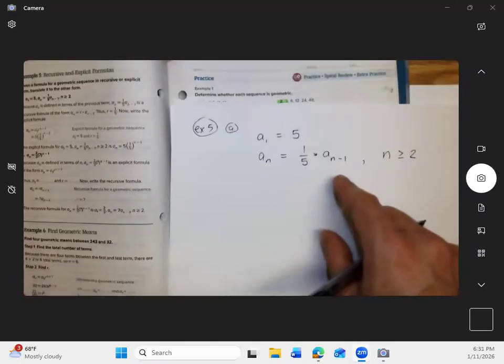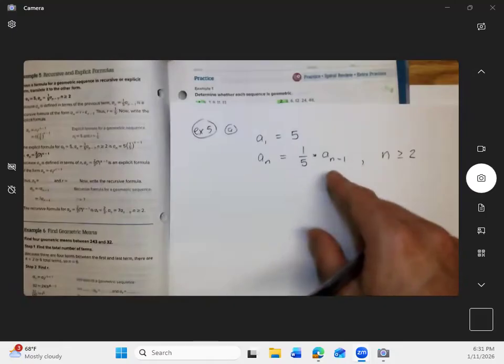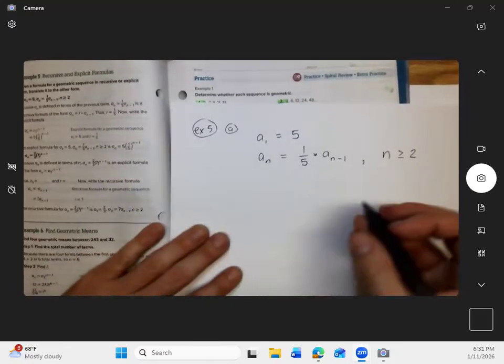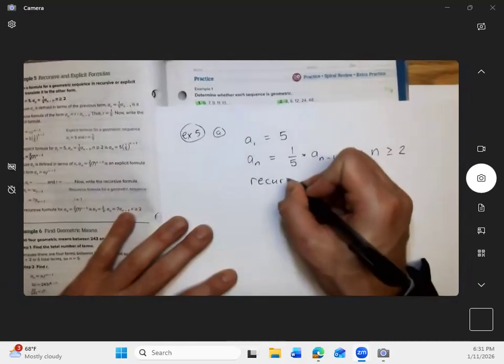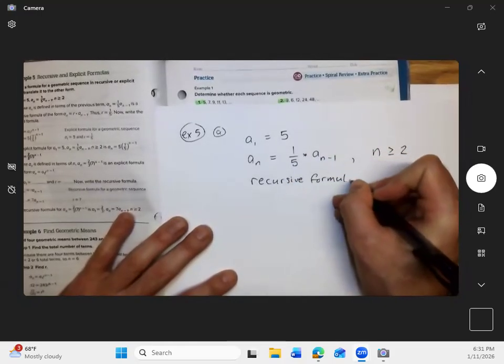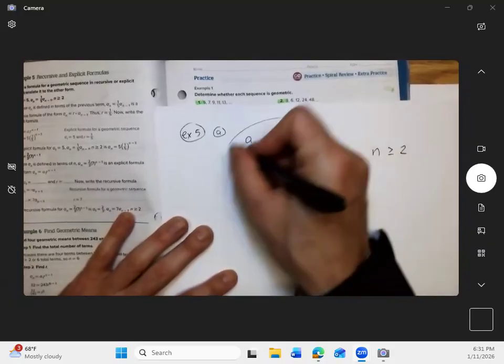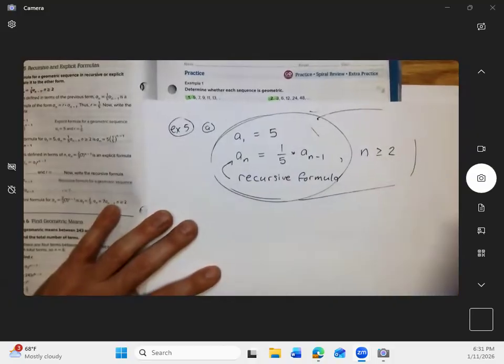So it's like, well, we haven't really done anything yet. Just give it something. So you do have to get to the second term before you're really allowed to start applying things in. And this is called the recursive formula. That's what this is right here. Well, including the n greater than or equal to 2. That's part of it too.